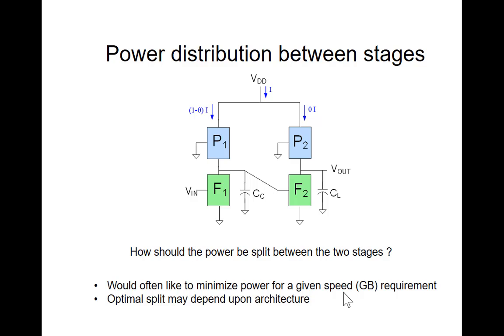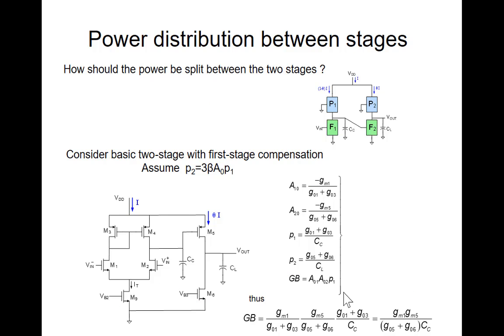So, we would often like to minimize the power for a given GB requirement. So we'd like to allocate the parameter theta appropriately between the two stages. So I'm going to consider now the structure that doesn't have the right half plane zero. I'm going to just assume a compensation capacitor C sub C here.